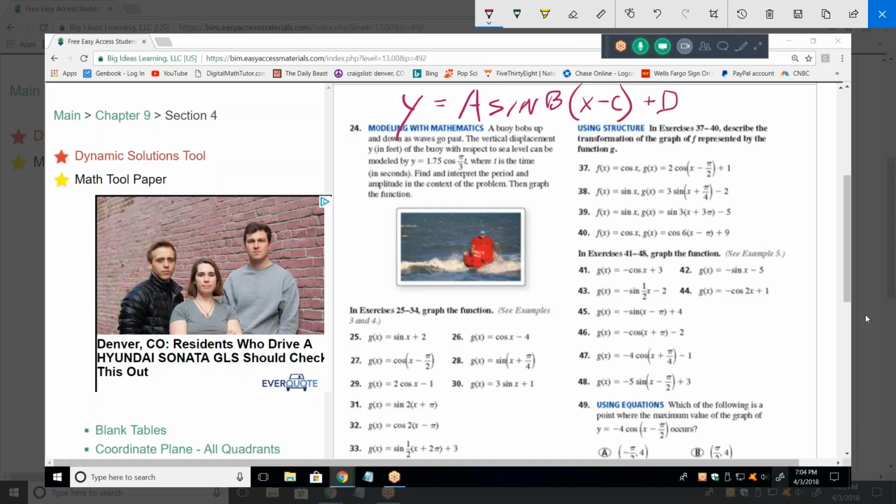Okay. Yeah, that's pretty much what my teacher did. But he did f of x equals a times, and then we didn't actually get to sine. He did cosine first. Well, believe it or not, this is called a sinusoid function, and you can use either sine or cosine. Doesn't matter. Even 37 is a sinusoid function.